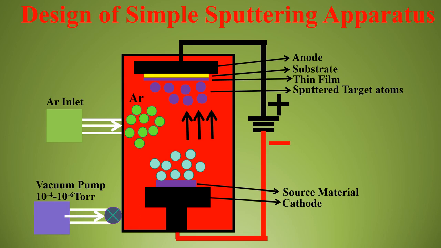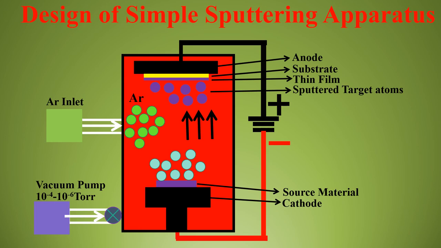So dear student, it is very important to understand that this argon ion must have higher energy than the binding energy of the source material. It is very easy for the source material to be removed from the surface because the atoms there have less energy, with 3 degrees of freedom at the surface.